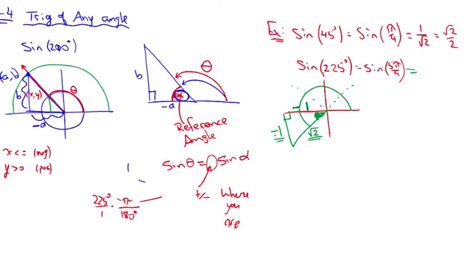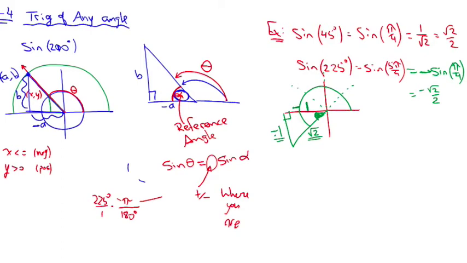So this is equal to sine of pi over 4, the reference angle, but in this case it happens to be the opposite, because it's -1 over square root of 2, or negative square root of 2 over 2. The way the book has you do it is they say write the 1 and square root of 2, come up with 1 over square root of 2, and then just realize because it's in the third quadrant, it's supposed to be negative.